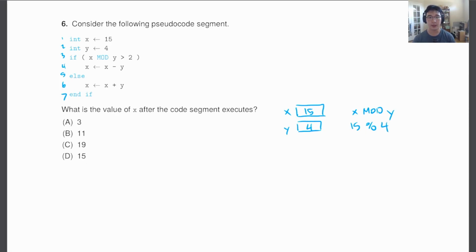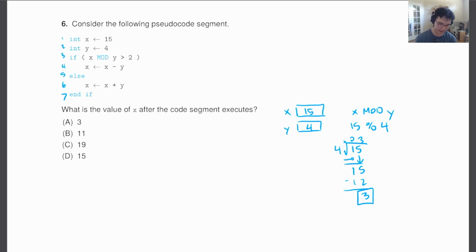So what is 15 mod 4? Let's do our elementary school division. The remainder is 3. So 15 mod 4 is 3.